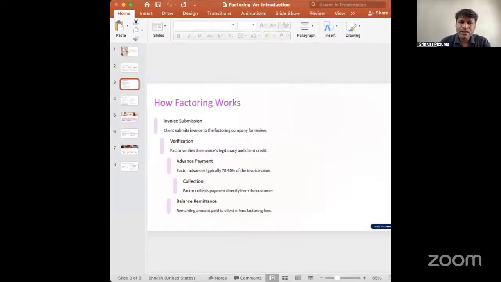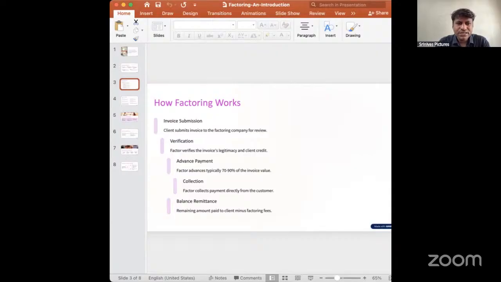How does factoring work? Generally, first step: the client delivers the goods or services and issues the invoice. Invoice submission: the client submits the invoice to the factoring company for review.